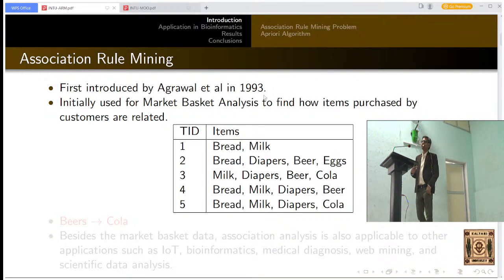So different transactions purchase different items, and a market owner can maintain a data set like this. It can be data of only 1 day or even 1 hour, or it can be large enough to capture the data of 1 complete year. So it can be a huge data set, if you are considering all the transactions happening in a particular duration of time.